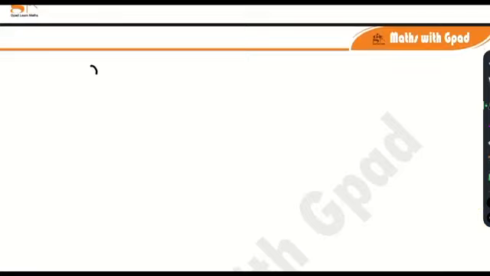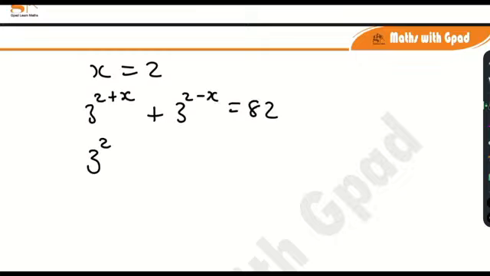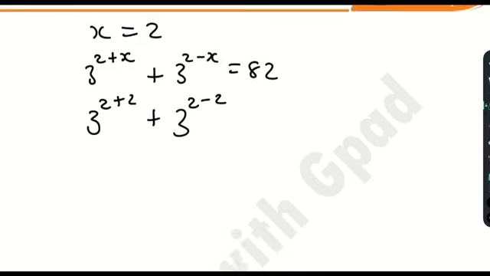So let's look at the second solution that we had, which is x is equal to 2. We're still going to plug it into the equation. Let me rewrite the equation again. 3 raised to the power 2 plus x, x is 2, so plus 2, and then plus 3 raised to the power 2 minus, what is x? X is 2, so replace that there. And then you have 3 raised to the power 2 plus 2, that's 4. Then plus 3 raised to the power 2 minus 2 is what? 0.